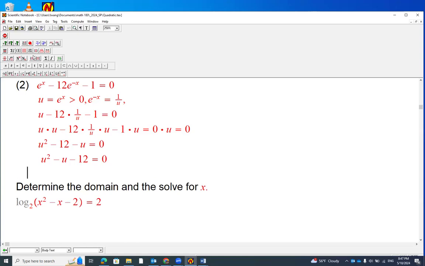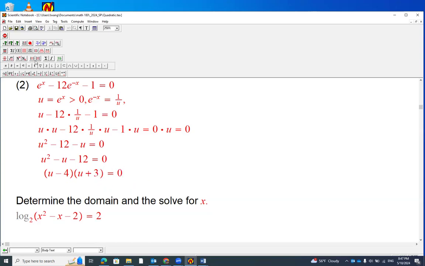And after that, you get u minus 4 times u plus 3 equals 0.